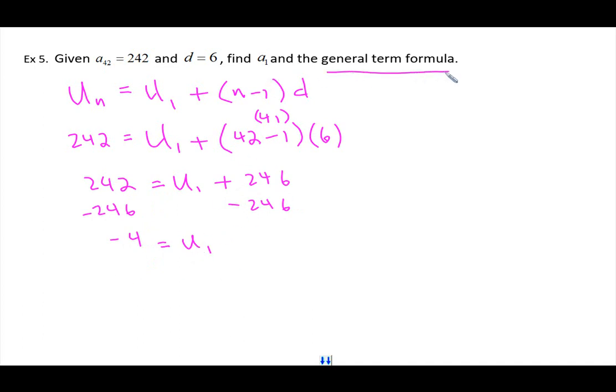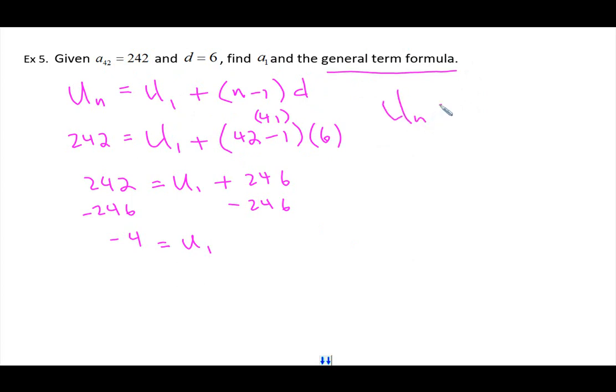Now we need to find the general formula. All right, so the general formula, we just use this. Anytime you're finding the general formula, you just use this. This is the general formula. We just need to plug in the first term and the d. Okay, so to find the general term formula, we're going to plug in the first term, which we just found, and then the common difference d.